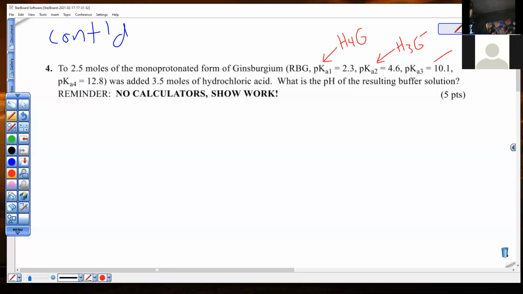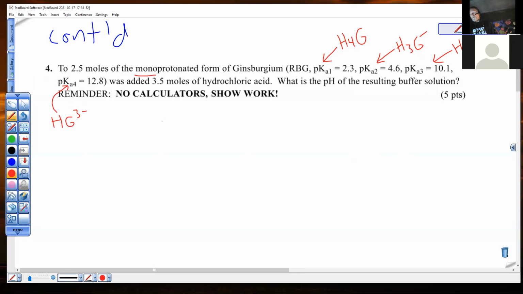And the next one would be H2G2 negative. This work is not time wasted. It's going to help you finish this problem quickly. And this is the last pK, so there can only be 1 proton left. HG3 minus.